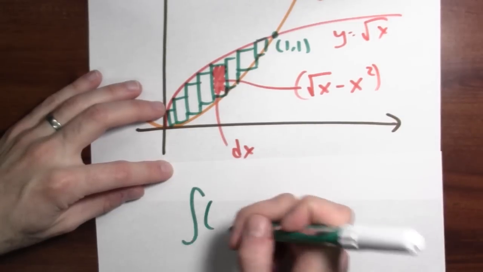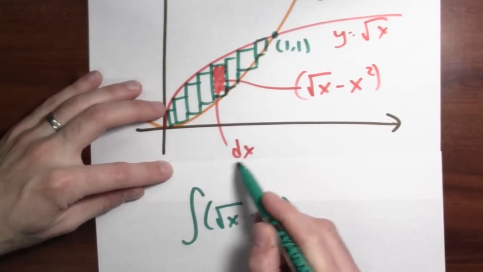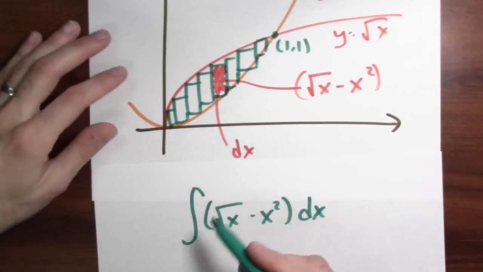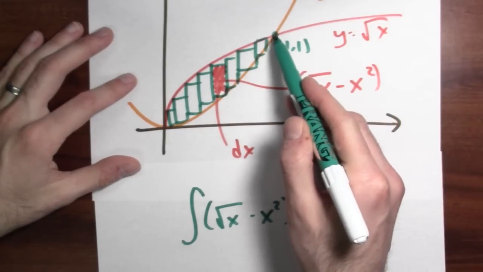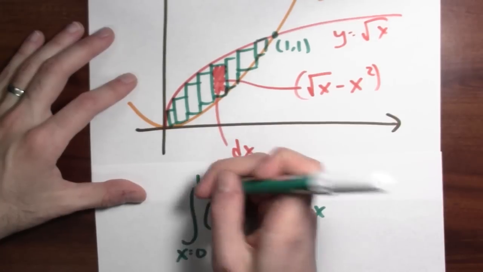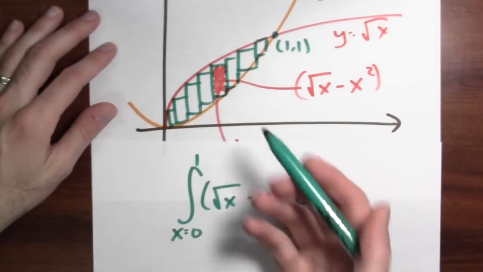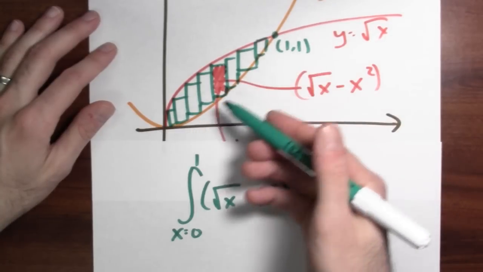So it'll be the height, the square root of x minus x squared, times the width, which is dx. And then what does my x go between? Well, the smallest value of x here is 0, and the biggest value of x here is 1. So I'll have x going from 0 to 1. So that's the integral that I want to calculate, which will find the area in between these two curves.